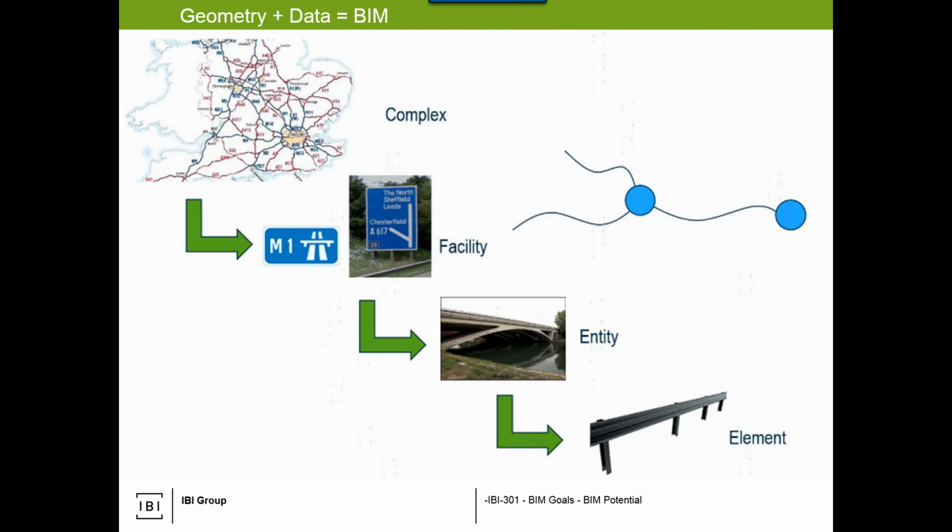The same equation works with vast linear infrastructure. So this is a slide that I've used in the UK previously. And if you think from the building perspective, you're modeling elements in a building. From a linear infrastructure perspective, modeling the element or the curve at the bottom right, there's not much to that from a modeling perspective, but it's the interrelation between it and the entity of the bridge versus the facility of the roadway versus the complex infrastructure of the network.